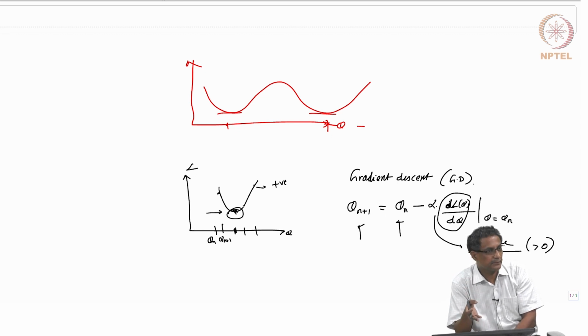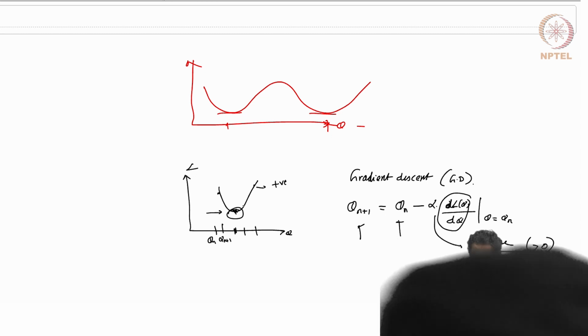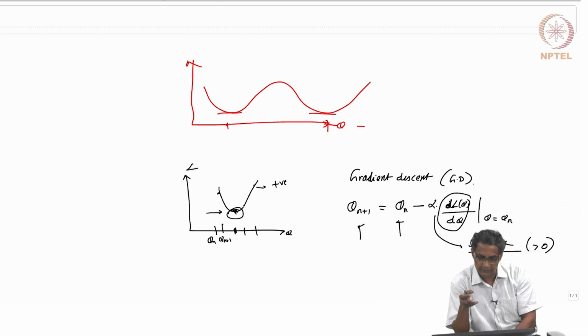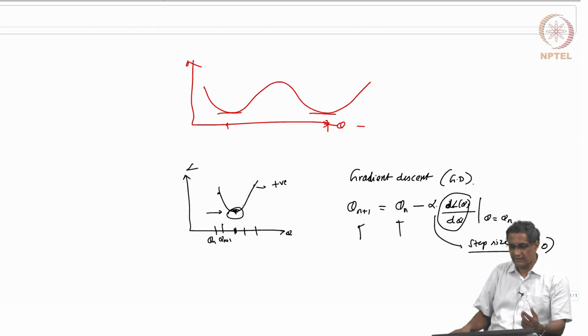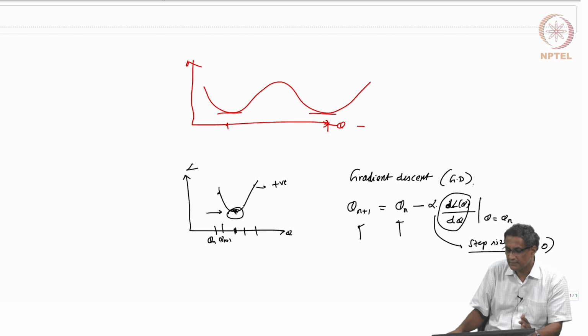But as I said, our landscape is not going to be as neat as this. Gradient descent was typically meant for these kinds of surfaces, but it is also what they use for deep networks, which are just happy hitting a local minimum.